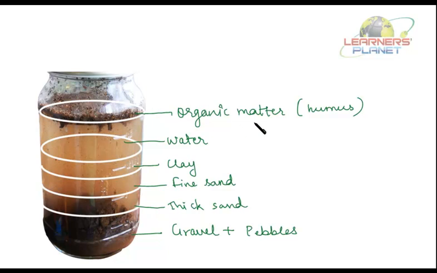So this is the organic matter, which is also called humus. After that comes the water, then clay, fine sand, thick sand, and last but not the least, gravel plus pebbles.